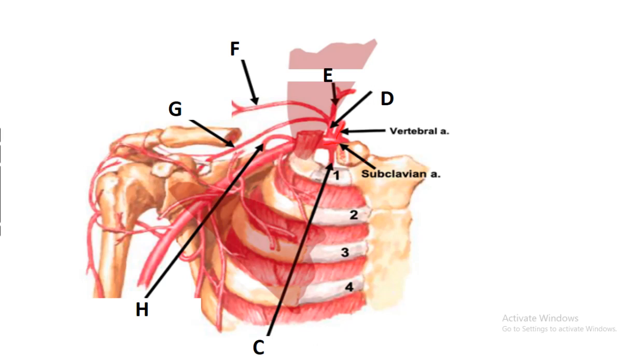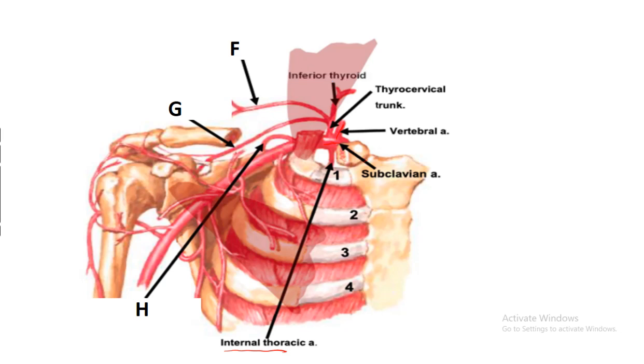Then let's quickly look at C. C is just the internal thoracic artery. After you understand the internal thoracic artery, the next artery you need to consider is D, which is just the thyrocervical trunk. The thyrocervical trunk will give rise to 3 branches.